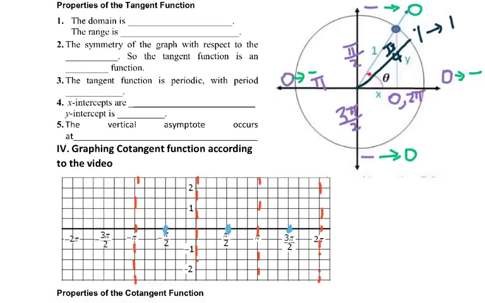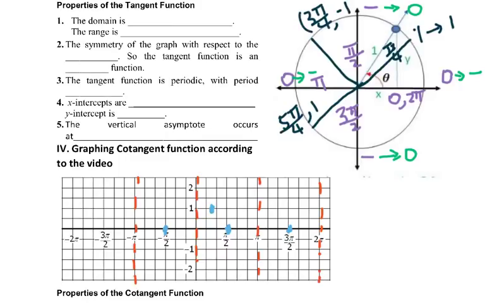So you will find that at pi over 4 it is still 1. That's over here. And for 5 pi over 4, that will be 1 also. And 3 pi over 4 is negative 1.